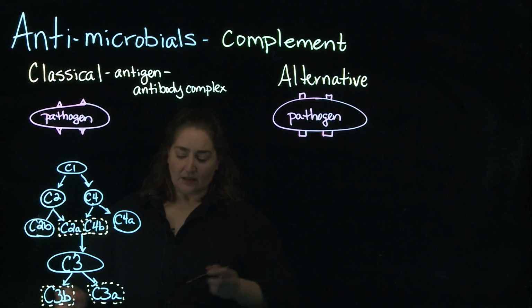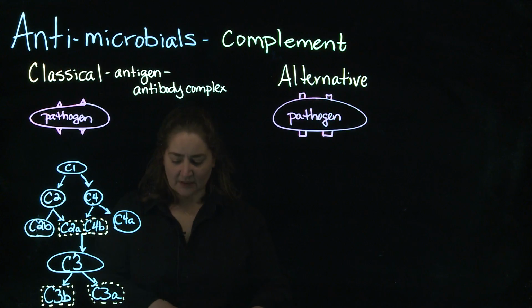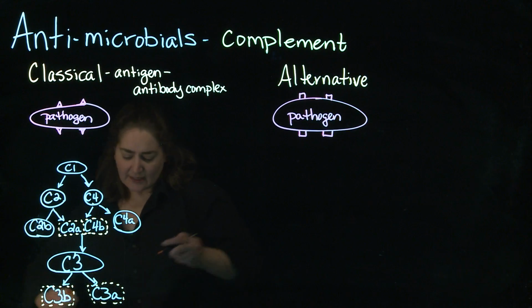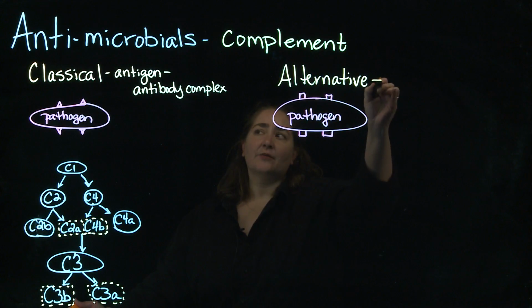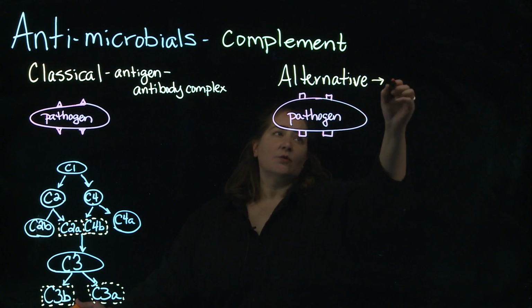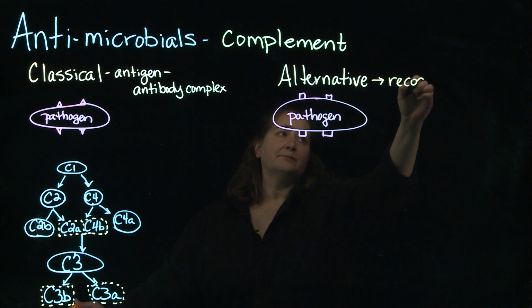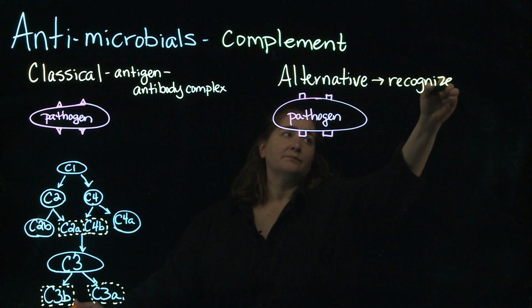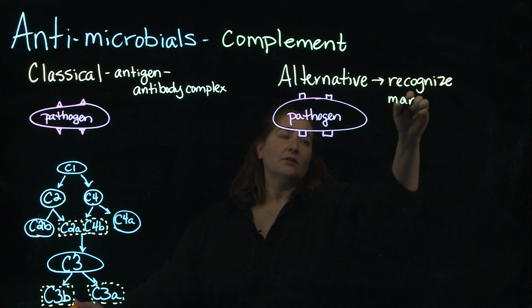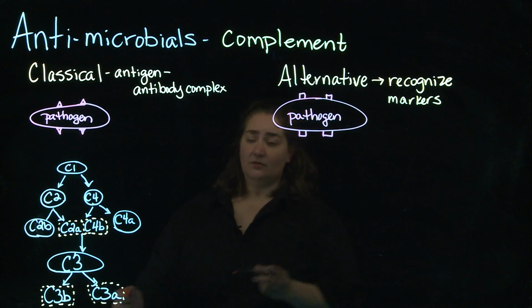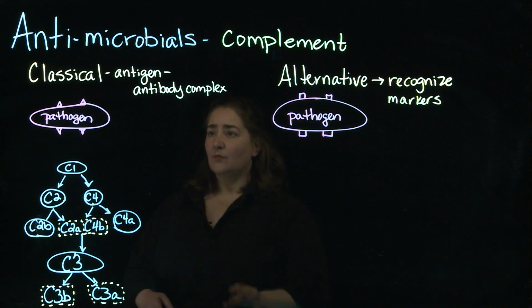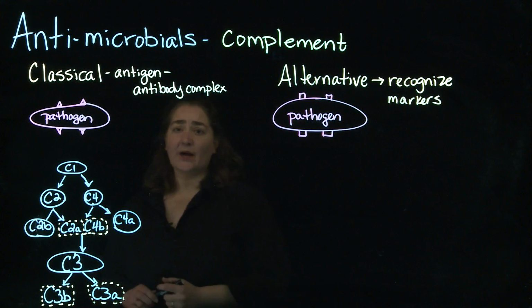The alternative pathway is a little bit different. The alternative pathway is going to recognize those markers on the outsides of cells. But I'm going to start with the classical pathway.